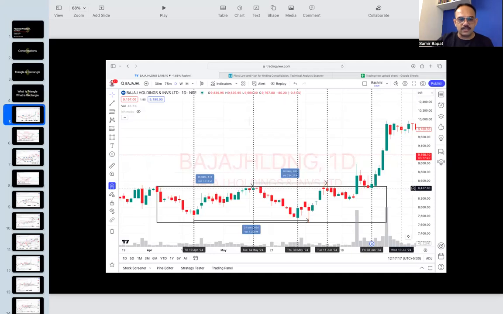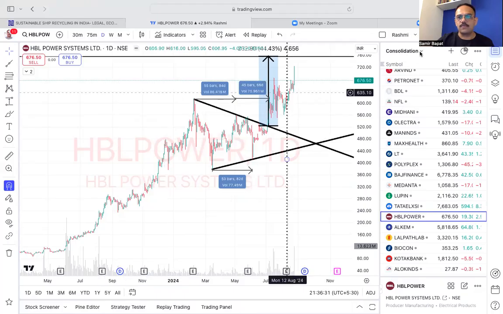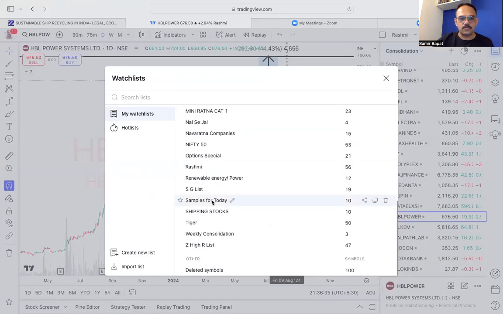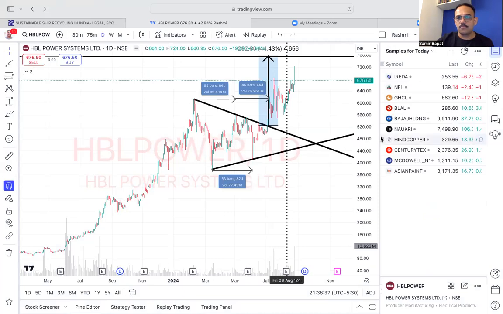So let's see here in the charts, Bajaj Holding.